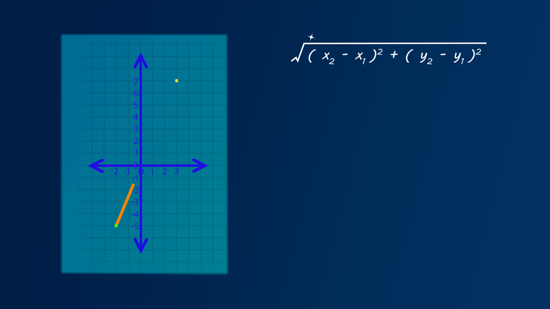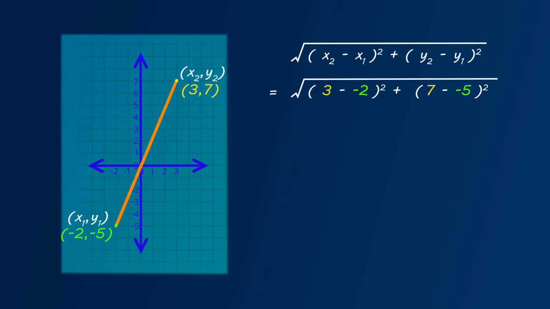We'll do this same question with the new rule on the Cartesian plane. The first point x1, y1 is -2, -5. The second point x2, y2 is 3, 7. We substitute that into the rule. x2 is 3, x1 is -2, y2 is 7, y1 is -5.